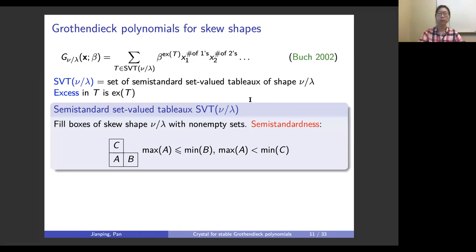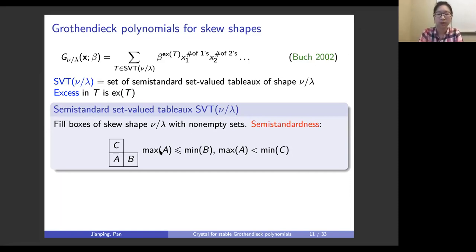So for a semi-standard set-valued tableau, when you have a skew shape and a filling, in order for it to be semi-standard, there are 2 criteria. It's pretty similar to the semi-standard Young tableau. So recall, a semi-standard Young tableau is weakly increasing in rows and strictly increasing in columns.